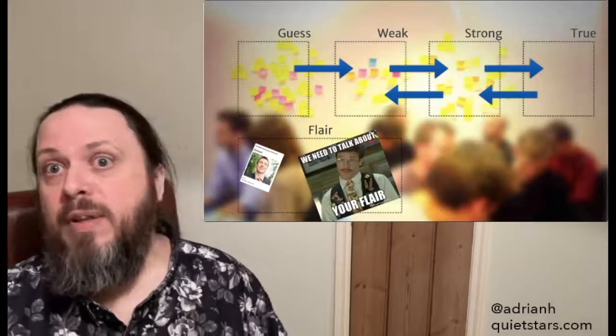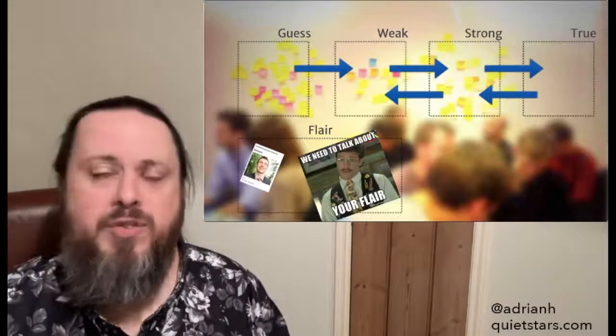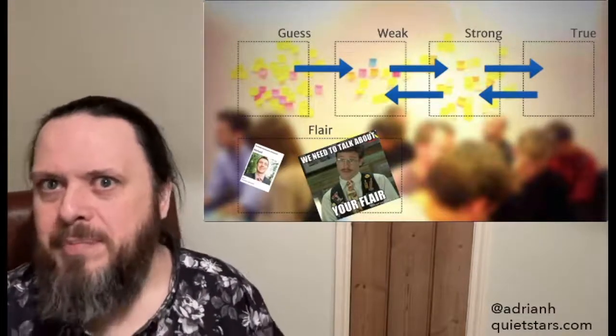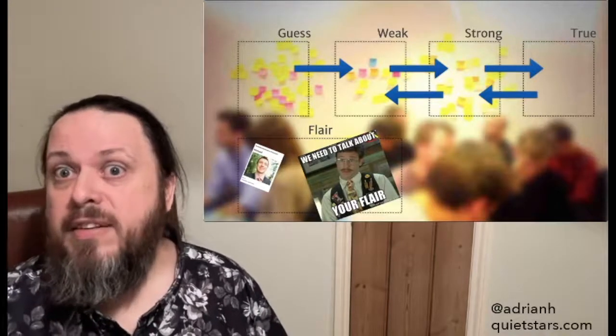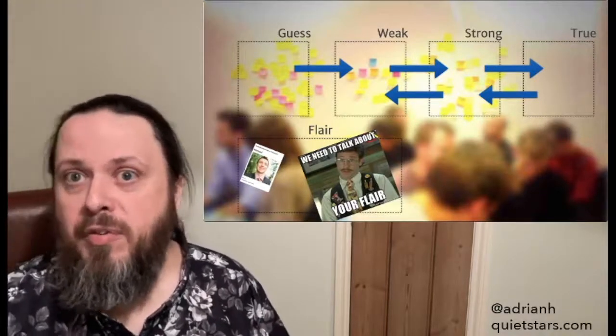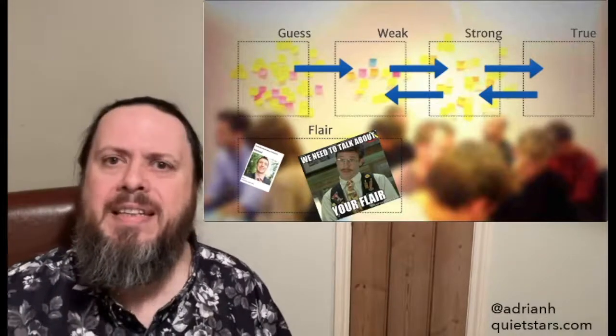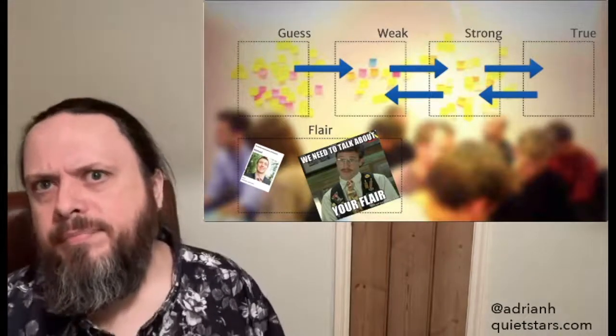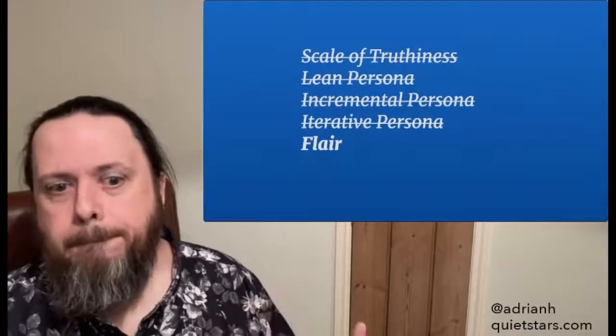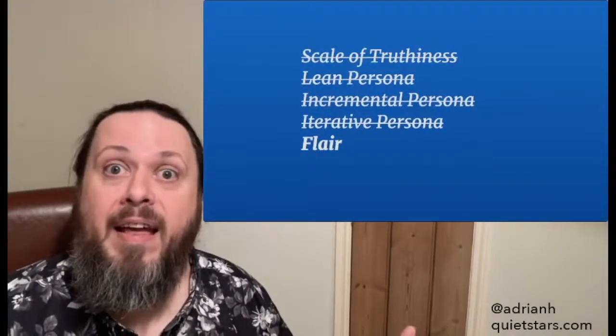And folks started calling this flair, which is a joke from the Office Space films. Basically, extraneous stuff that was supposed to reflect something important about a person, but actually didn't in real life. So, now we've added flair.